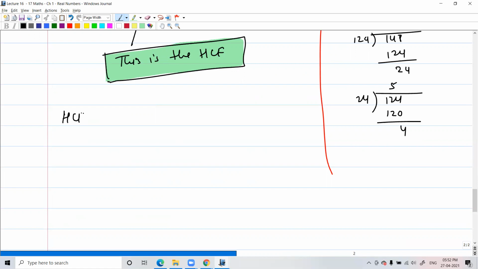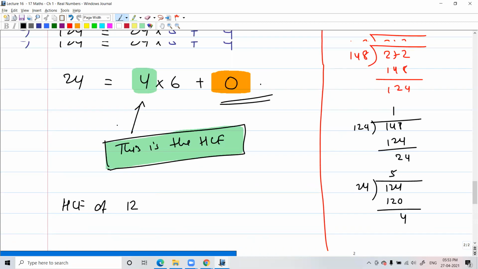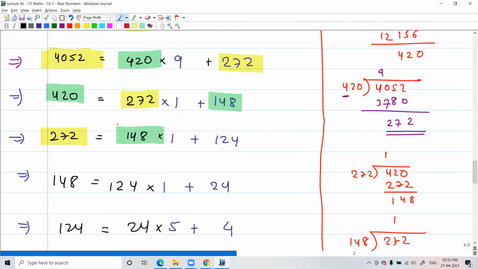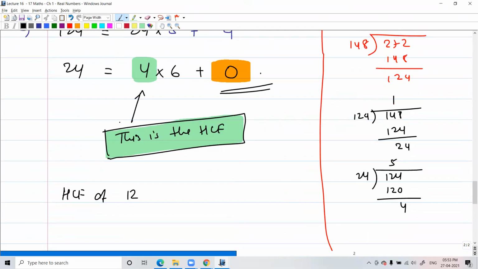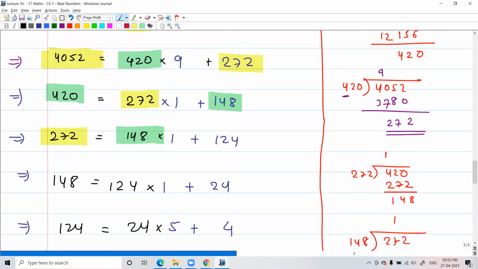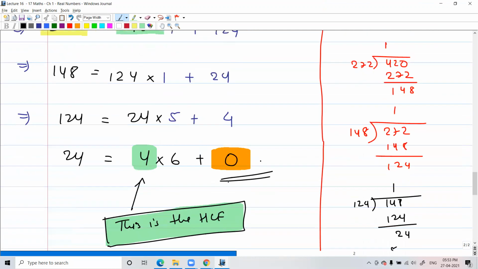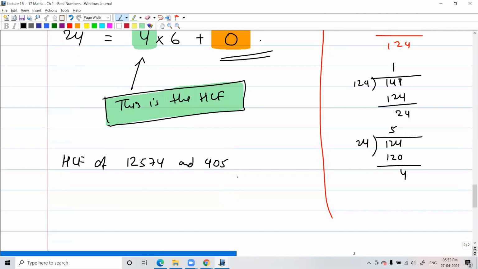So it's all right. HCF of 576 and 405 is 4.